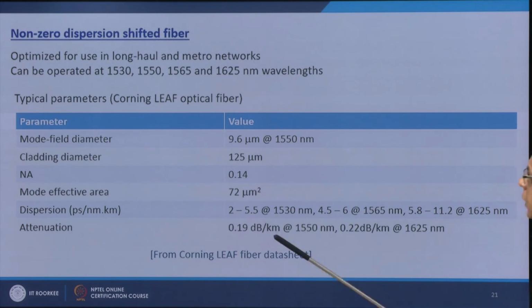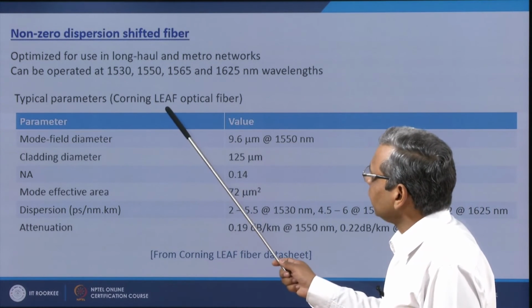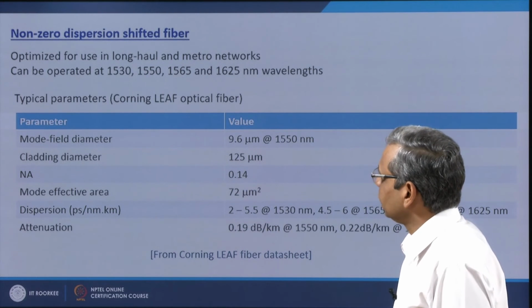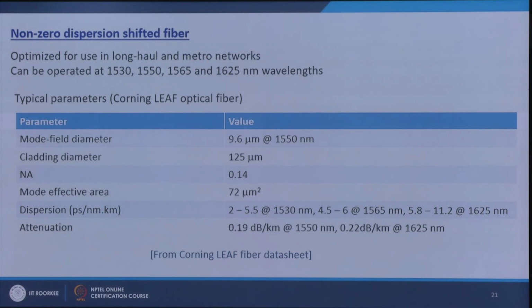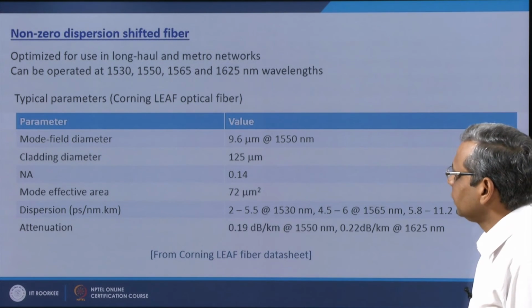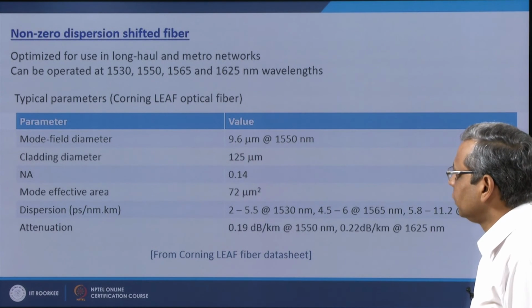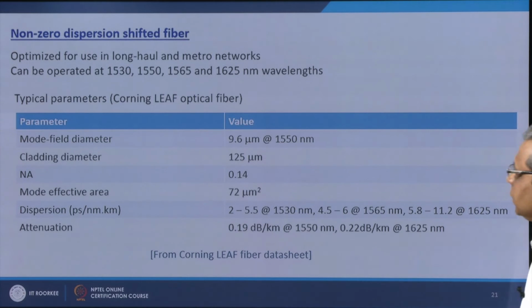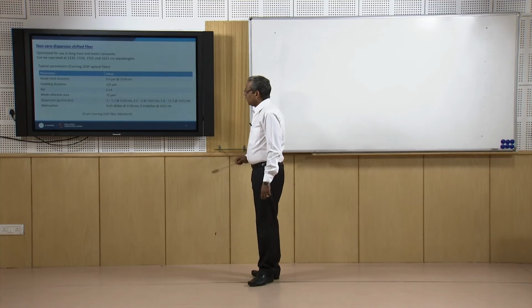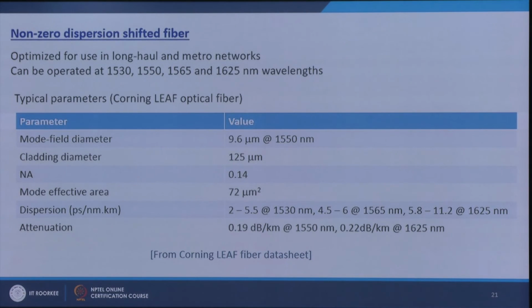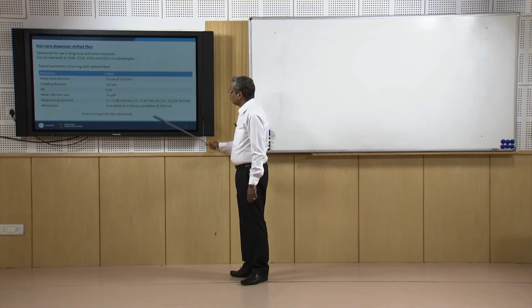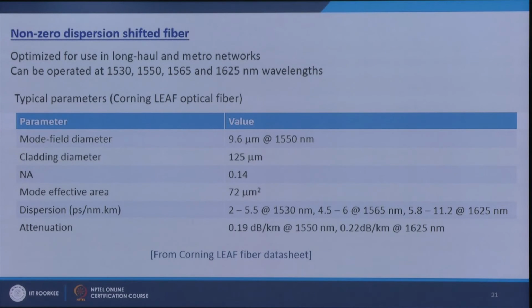And here I have listed typical parameters of Corning large effective area fiber, which is non-zero dispersion shifted fiber, which has mode field diameter 9.6 micrometer at 1550 nanometer wavelength, cladding diameter 125 micrometer, numerical aperture 0.14, effective area of the mode 72 micrometer square, and it has got dispersion about 2 to 5.5 at 1530 nanometer wavelength, 4.5 to 6 at 1565 nanometer wavelength, 5.8 to 11.2 at 1625 nanometer wavelength.